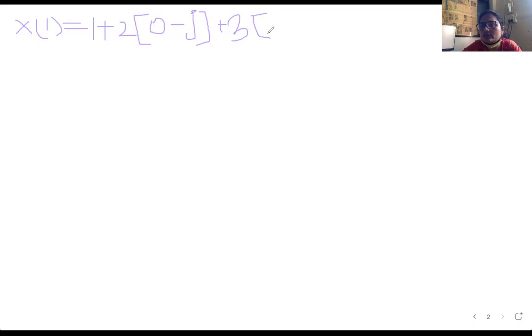Sakshi, cos pi is always equal to -1, right? Minus j into sin pi. What is the value of sin pi? Sin pi is 0.